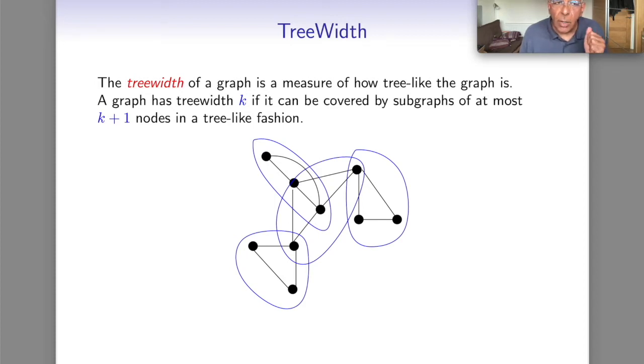And you'll see that the largest collection of nodes covered by a single blue region is this one, where it has 4 vertices in it. And therefore this demonstrates that the underlying graph drawn in black has tree width 3, or tree width at most 3. In fact, it is exactly 3 in this case.